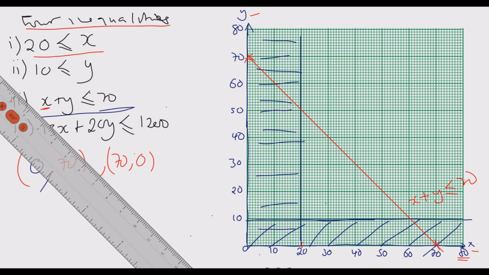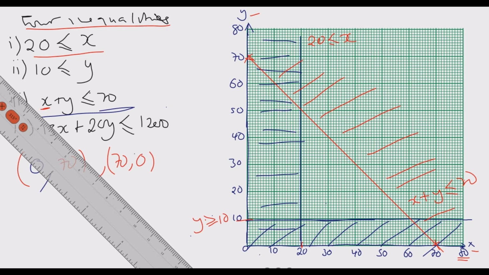Then this one is x is greater or equal to 20. Then we have this one, which is y is greater or equal to 10. So one more to go. What we just need to do is shade the unwanted region, which is this region, because what we are saying is that when we add x and y, the value should not be greater than 70.